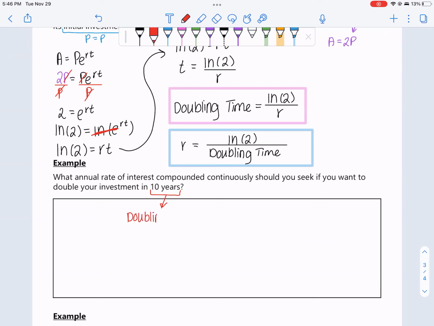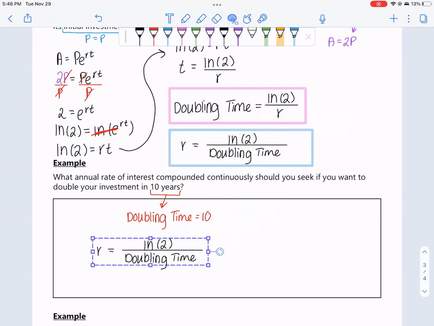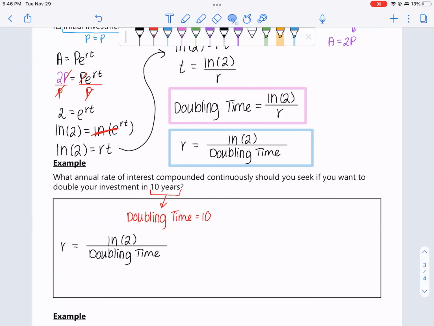We want it to double in 10 years, so our doubling time is 10. We want to find the interest rate. That's this formula, right? The doubling time is 10. This is ln 2 all divided by 10.